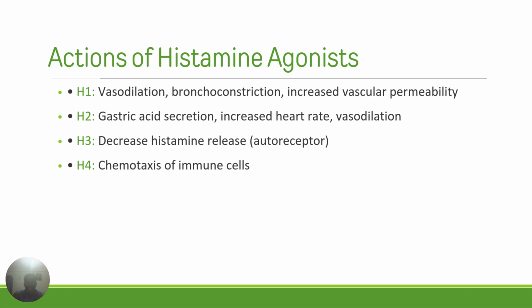They also increase the heart rate and also participate in vasodilation. For H3, they decrease histamine release, and they are also known as the autoreceptors. For H4, they take part in chemotaxis of immune cells.